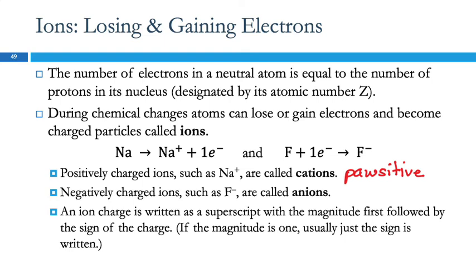So cations are positive. The ion charge is written as a superscript. The magnitude, the number, comes first, followed by the sign. So if we have oxygen, oxygen has a -2 charge. We would write that as O2 minus. We would not write O minus 2.